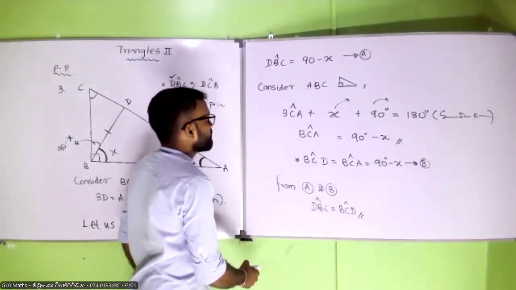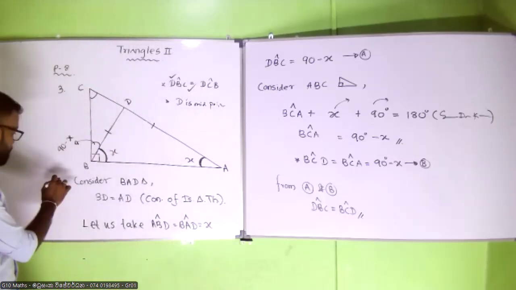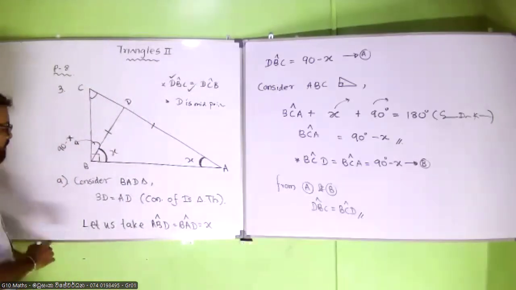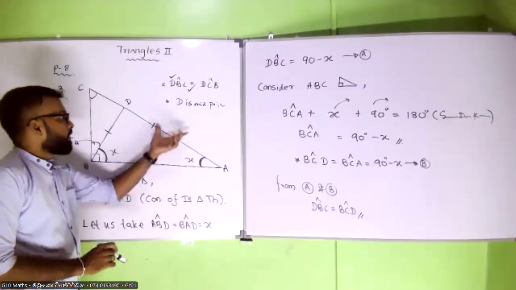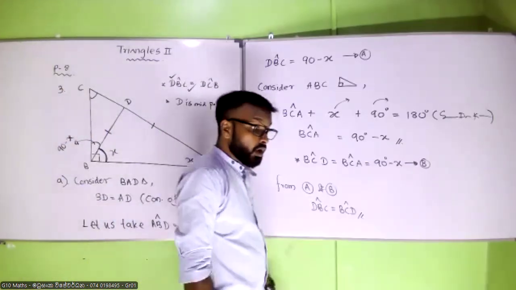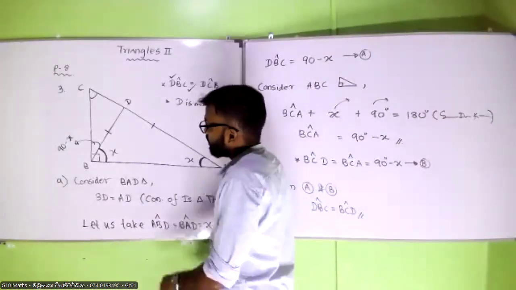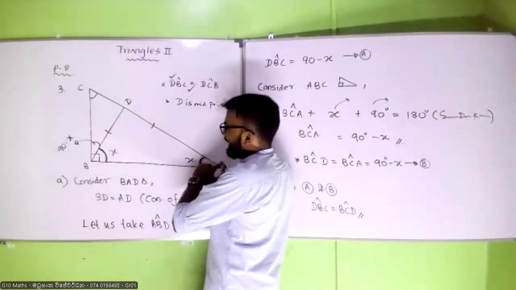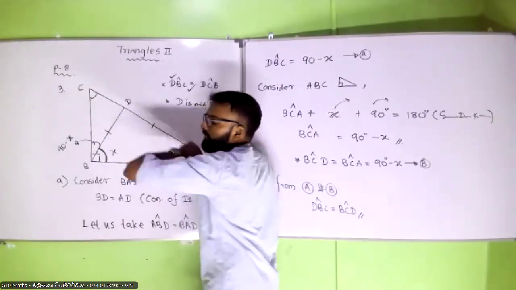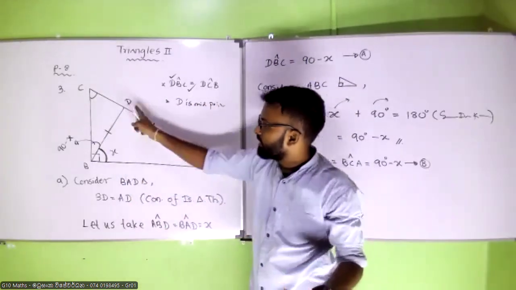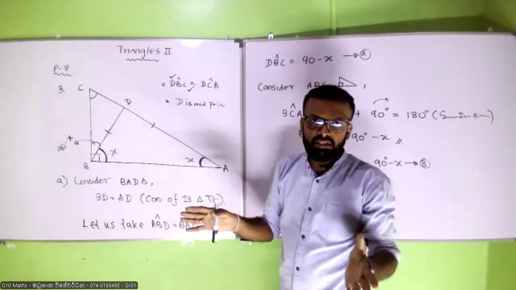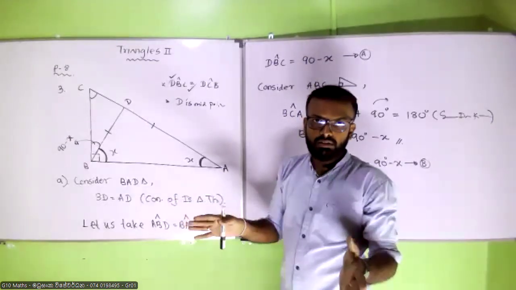Right? So now this is the first term, part A. Now we have to show D is the midpoint. How are we going to show that D is the midpoint? If we show AD equals DC, the thing is done.